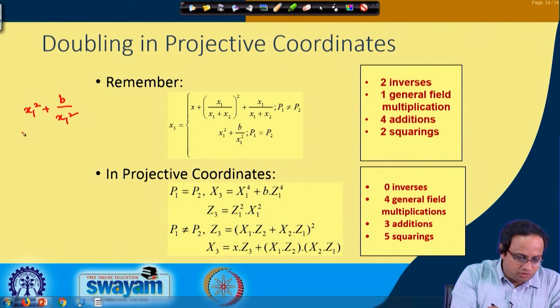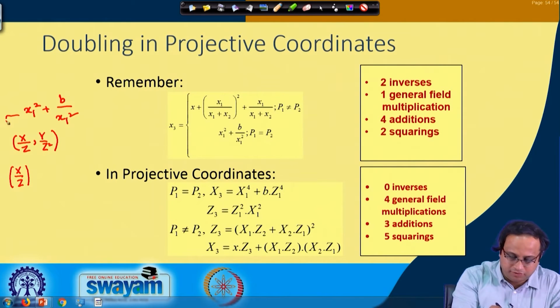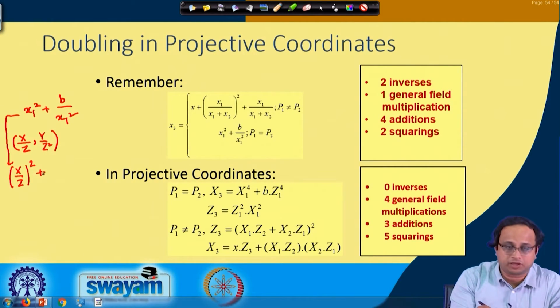Now, using the Lopez-de-Haab representation, if I have a point x, y, z, and I want to write that in the affine coordinates, then my representation is x by z and y by z square. So if I plug this into this equation, I have x by z whole square plus b divided by x by z whole square.